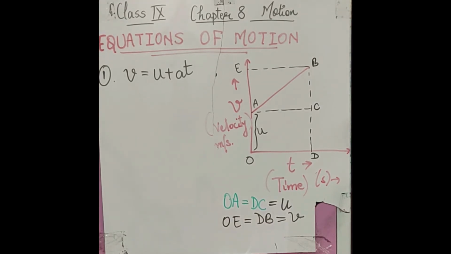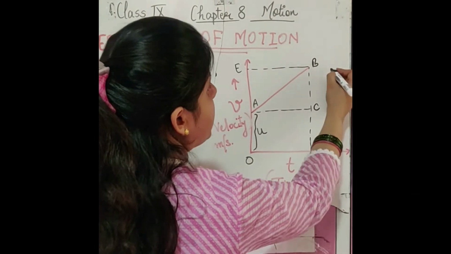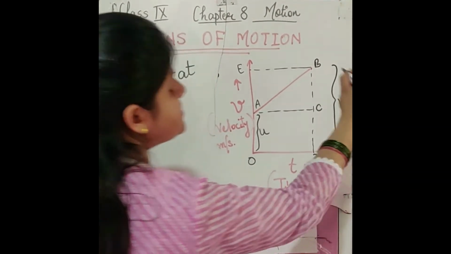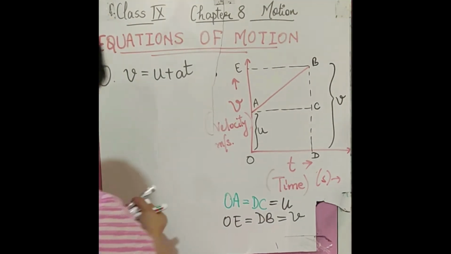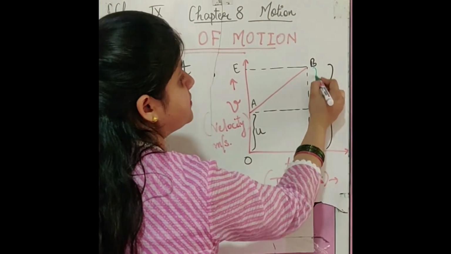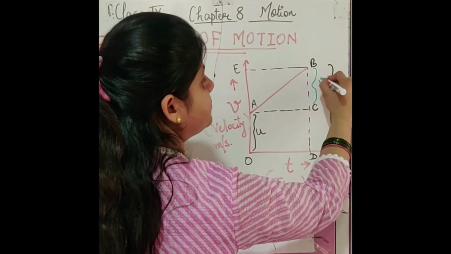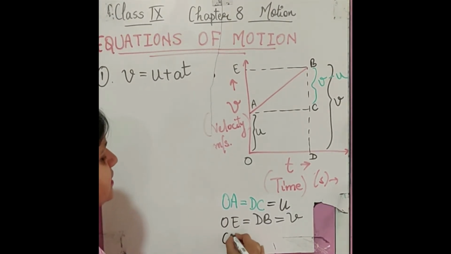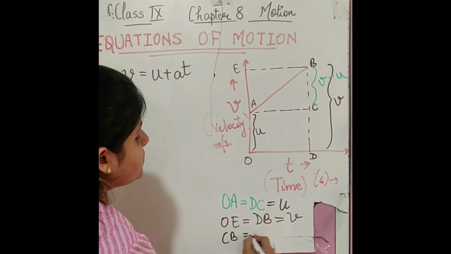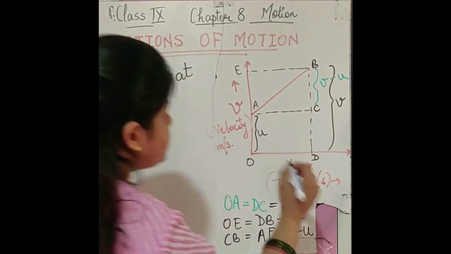Now, if this is U and this entire is V, so what about BC then? This becomes V minus U. Correct? So we have CB equals AE equals V minus U.